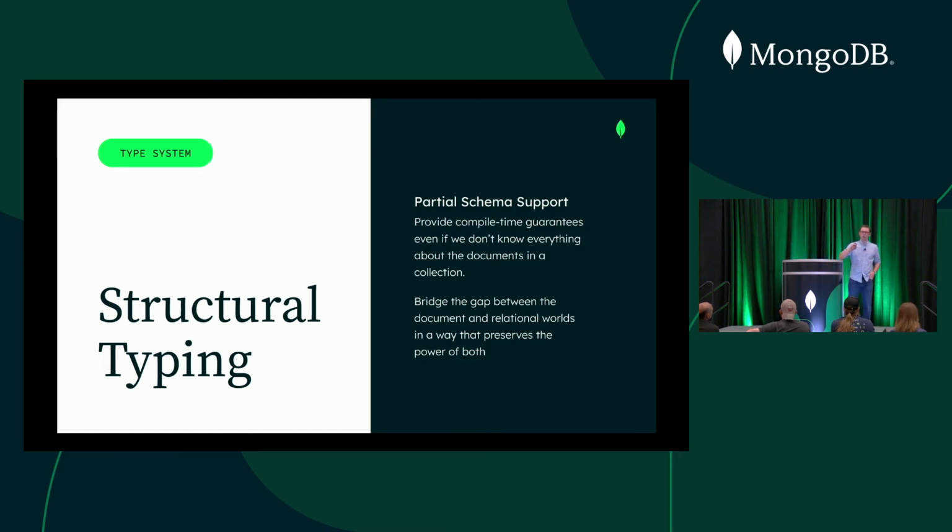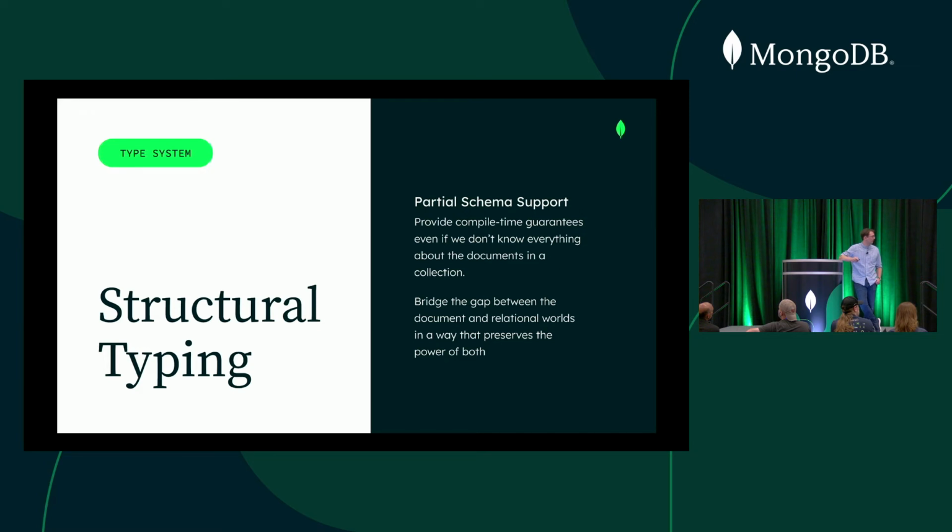And MongoDB aggregation language can allow you to query these kinds of schemas, but it does so with dynamic typing. It doesn't provide these kinds of ahead-of-time static guarantees about your queries. Atlas SQL's structural type system allows us to use the information that does exist about a schema, even if it's not complete, and still provide as many compile time guarantees as possible.